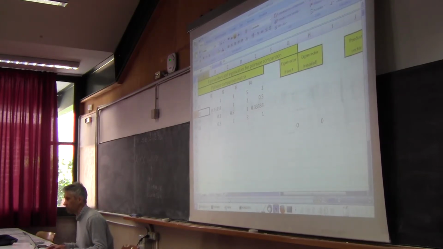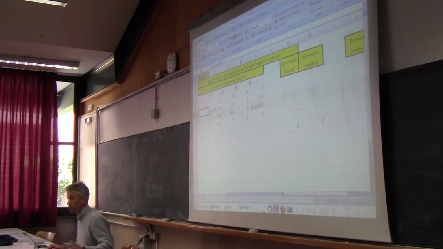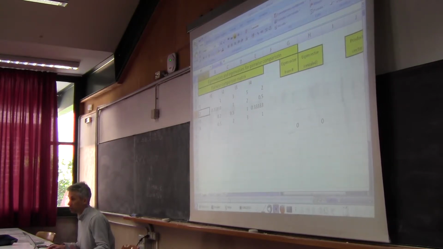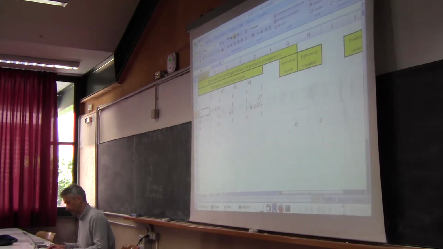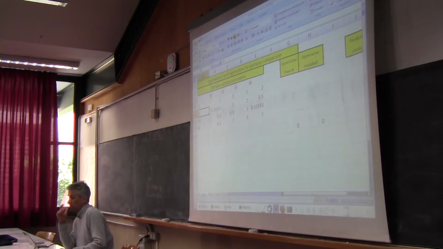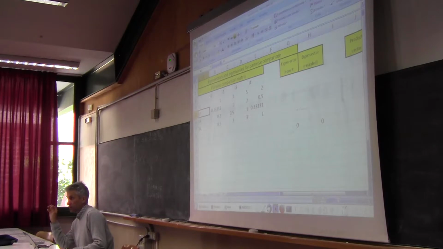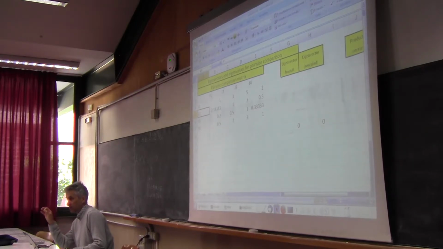In order to move to R, the first thing that we have to do is to copy this matrix into R. And how to do that? One possibility would be to copy this matrix to a text file, a txt file, and upload the txt file into R and create a matrix.